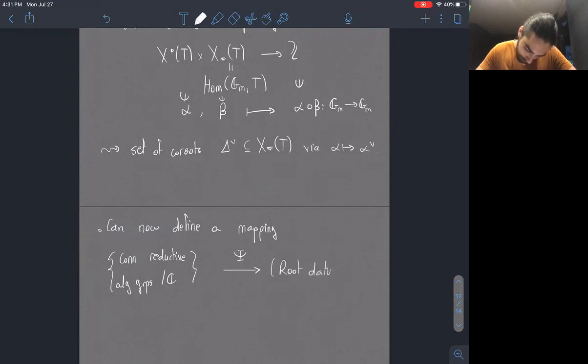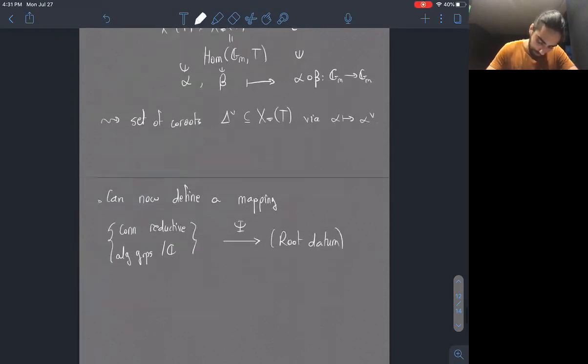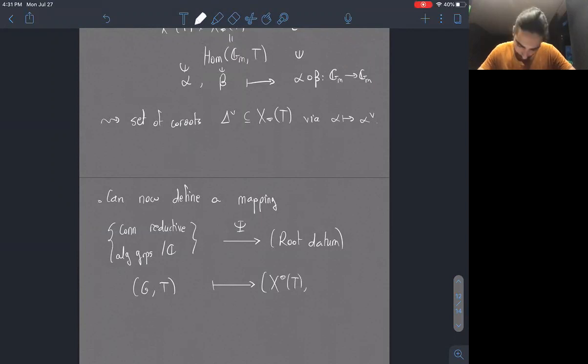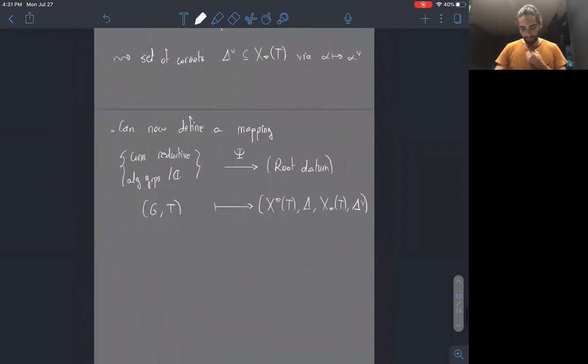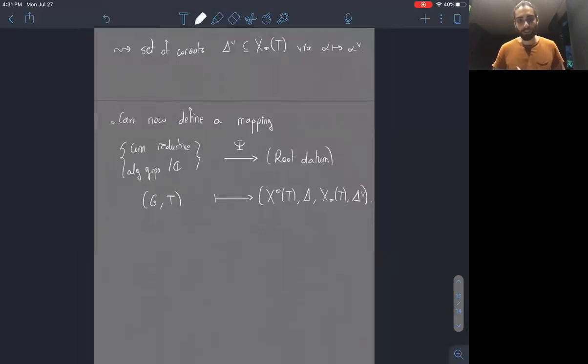And these will just be a collection consisting of, for a choice of G and T, the character lattice with its associated root system, and the co-character lattice with the co-root system. Yeah, so that's the combinatorial translation of the problem of classifying reductive algebraic groups.